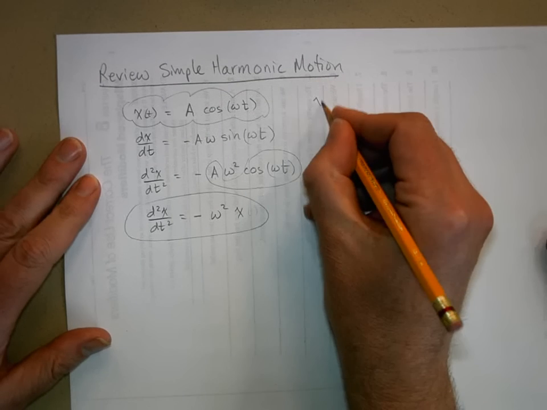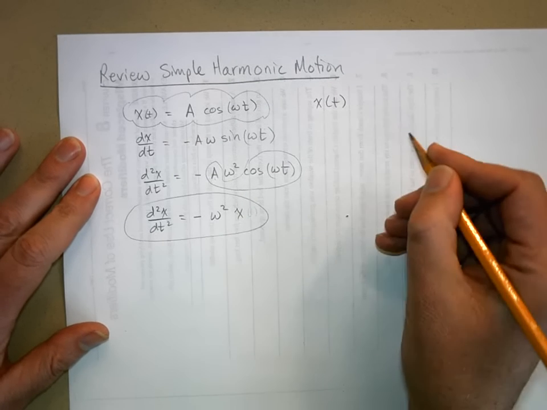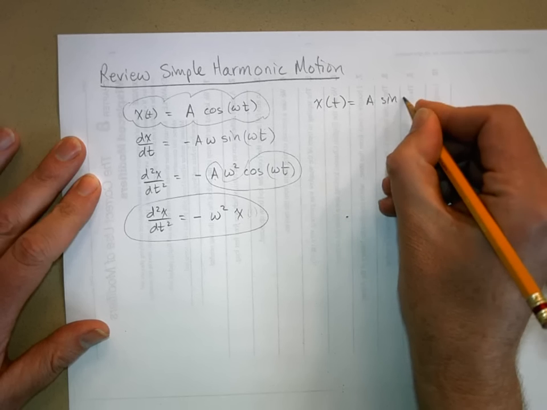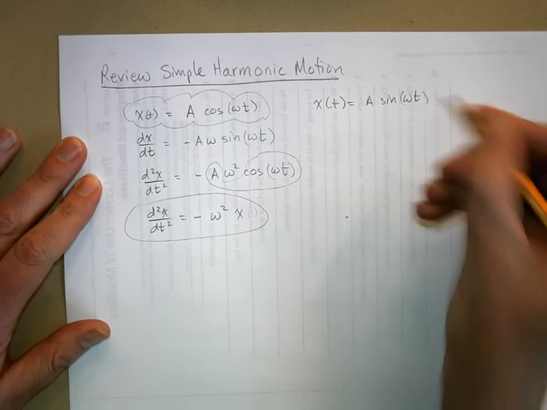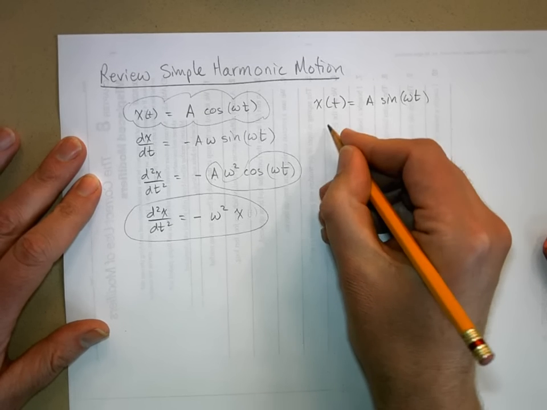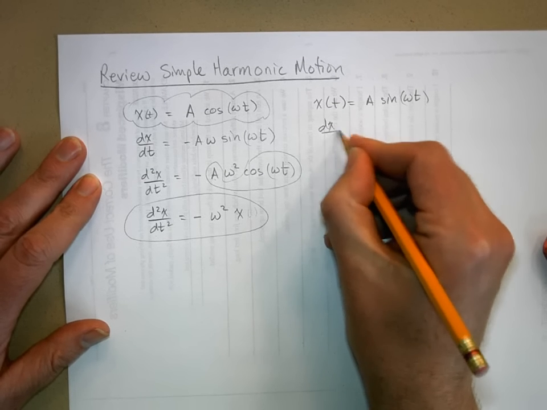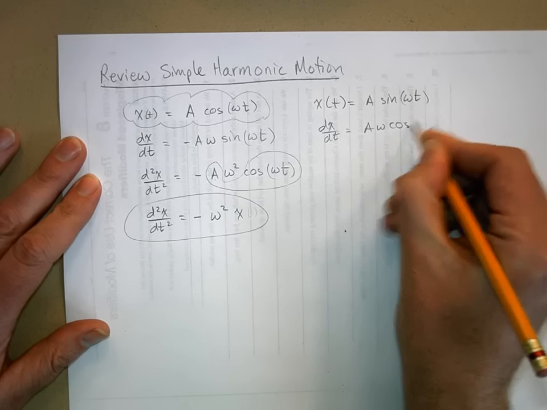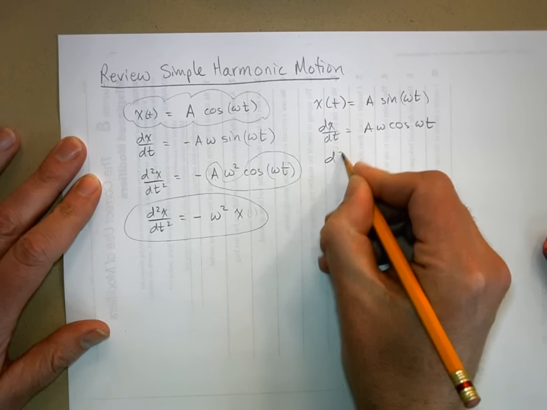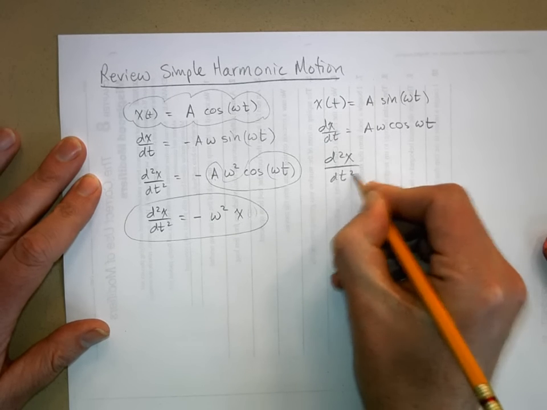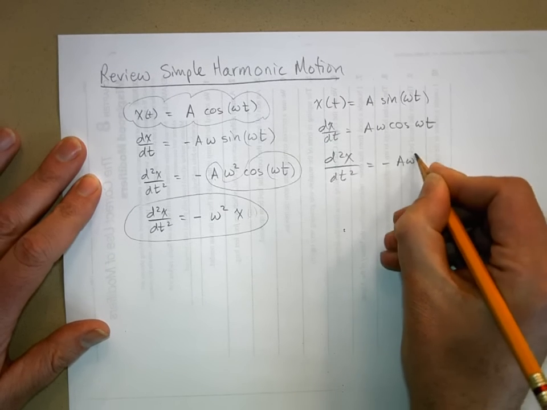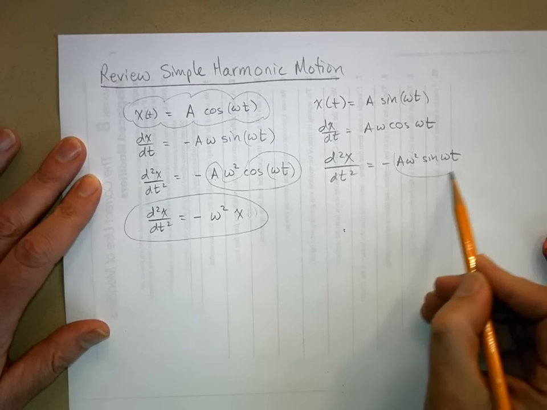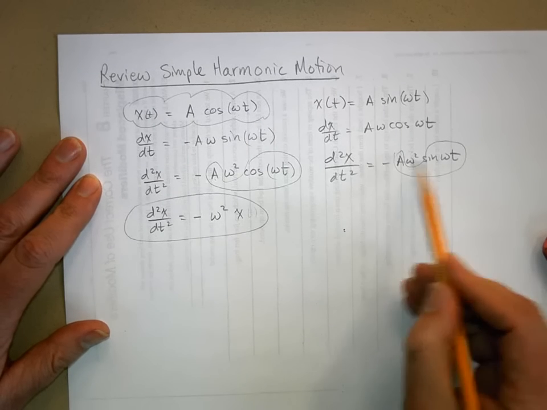If you say x is a function of t is equal to a sine omega t. Well, if you take the first derivative, take the second derivative, okay, and look, once again, we've got a sine omega t.